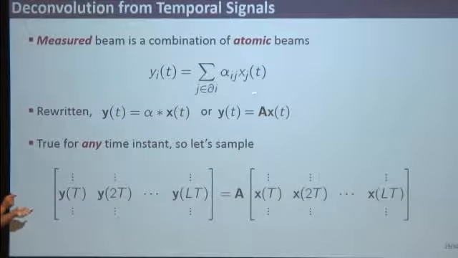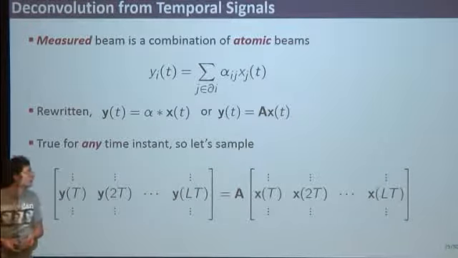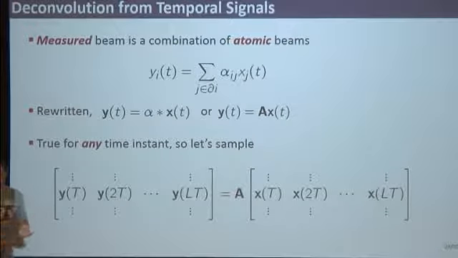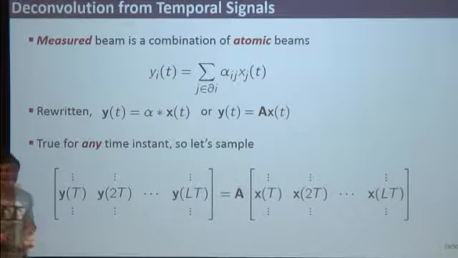By X here, I denote the smallest pixels, and for every time you get some combination of them. Partial I here represents all the pixels that contribute to the ith beam. That's just a short annotation. So this again is a convolution, a two-dimensional convolution, and we can write it out as a matrix multiplication with some Toeplitz-like matrix A here.